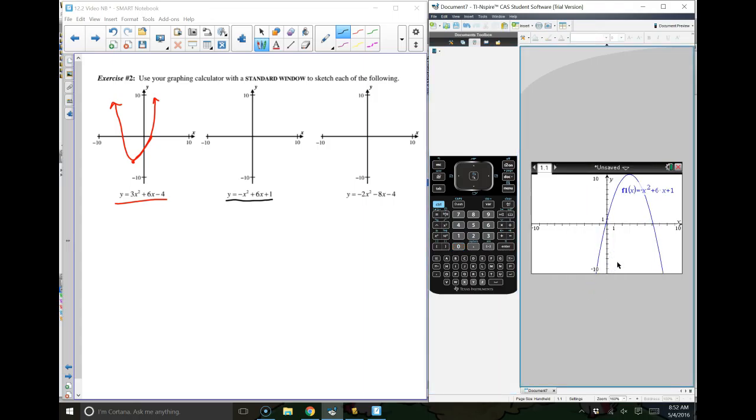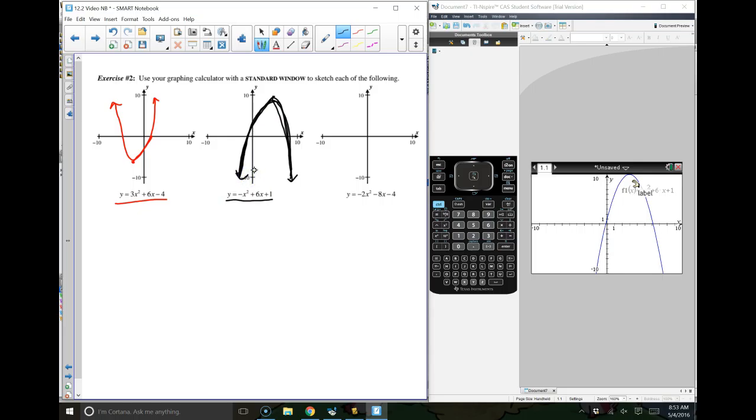Okay, and there we go. Now I can see that my vertex is all the way at the 10 at the top. So on my graph, I'm going to put the vertex at 10, and it goes through here at 1, and it goes down. I'm not drawing this very well. Like that. Okay, it should be a curve like this.